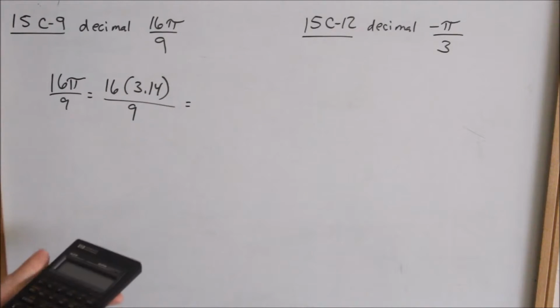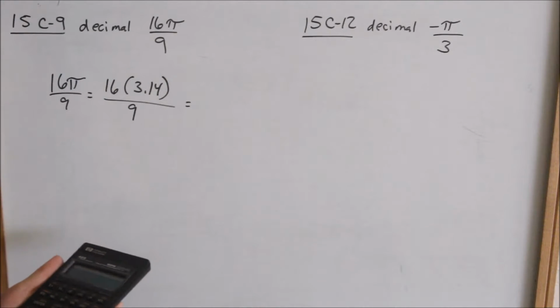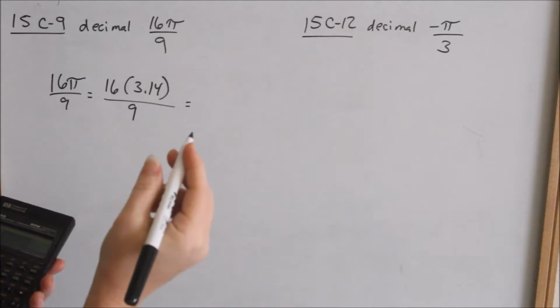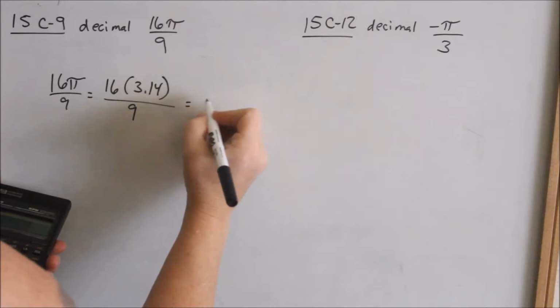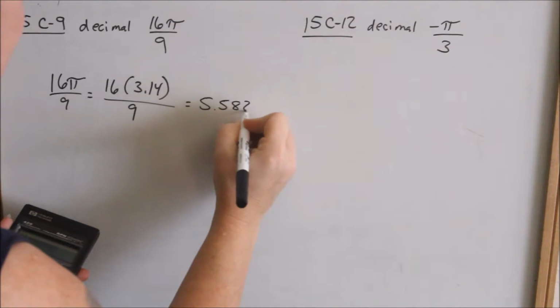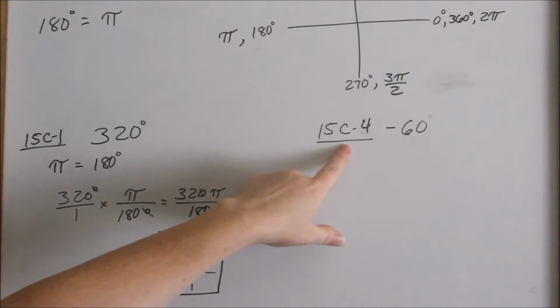So you do 16 times 3.14 and then divide by 9. In the book they're asking you to put it to 3 decimal places, so that would be 5.582.